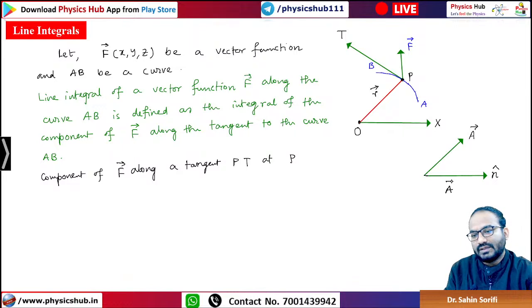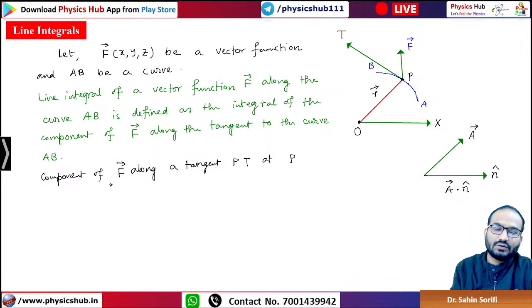You take the dot product of A and the unit vector along that particular direction. If vector B is there, you have to take the dot product of A with B cap. So this is the general thing.